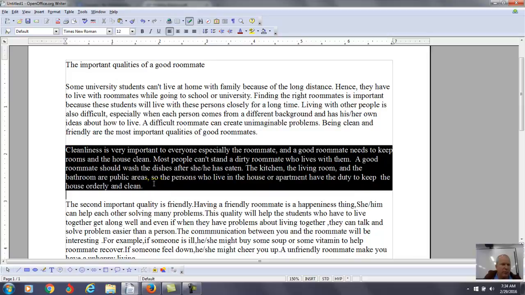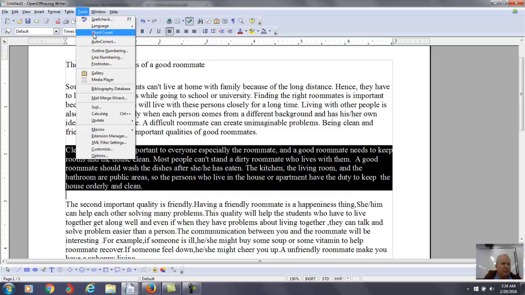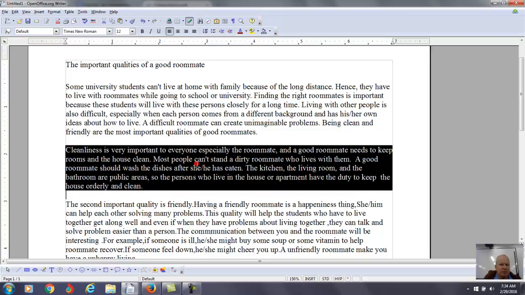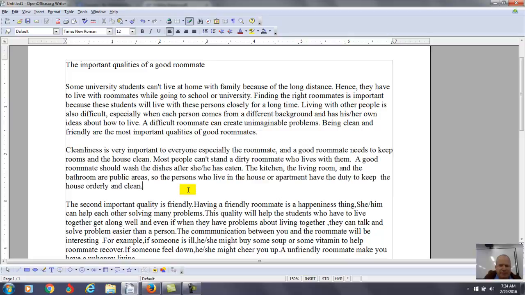Let's see check our word length here. 75. Yeah, I'm going to develop this because you have about 75 words here. It's probably better to have around 100. I think that's a little bit better paragraph.